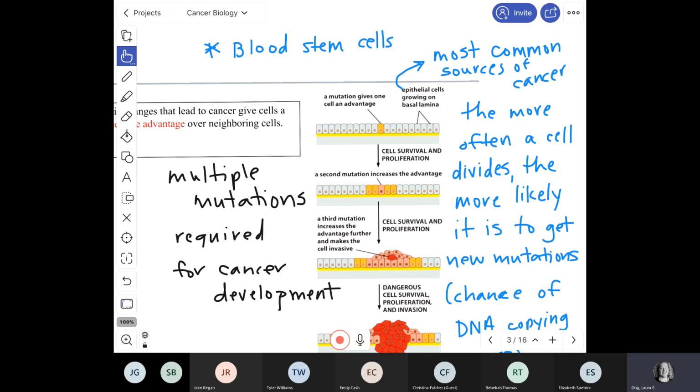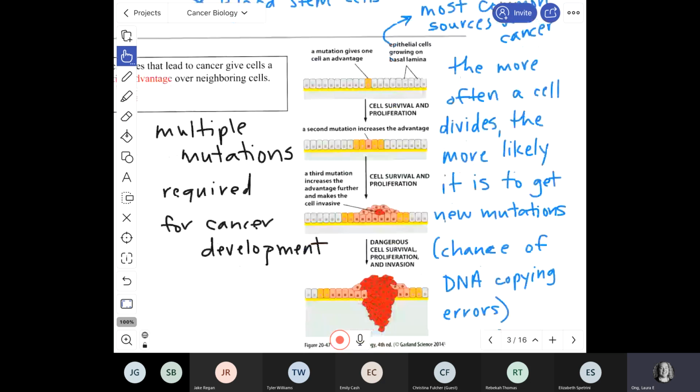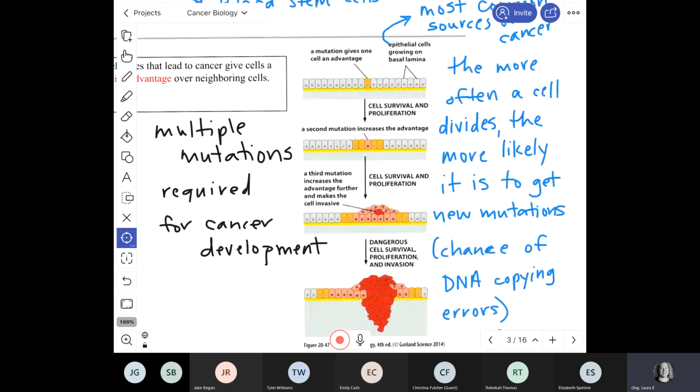So when cells are dividing a lot, they're more likely to get a mutation, and that tends to be in epithelial tissues. And when a cell gets a mutation that causes it to divide a little bit more often, it's going to have an advantage over the neighbors, and dividing more often makes it more likely that it will get additional mutations.